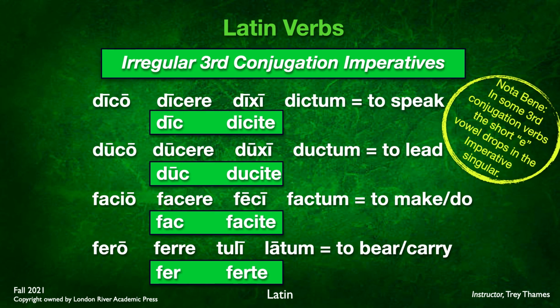So we end up with dicite, ducite, facite, and again, ferte, but that last one is really irregular. We'll talk about that later. So that's four irregular third conjugation verbs, imperatives that act just a little bit different in the singular. Drop that E, not just the RE, but drop the ERE to get the imperative singular.